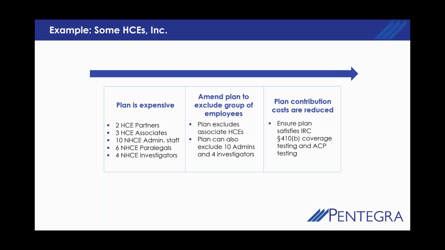So that's what we're looking at here. What if we excluded all those highly compensated employees? Then we could, if we wanted to, also exclude a bunch of those other employees and maybe leave only the paralegals in the plan if we wanted to. Now that would be a rather unusual plan design, but we could.